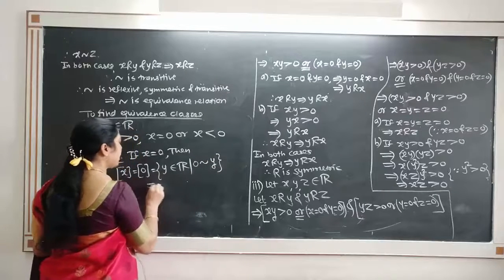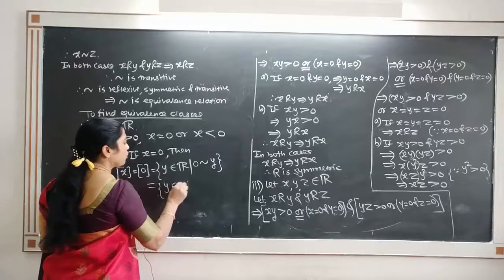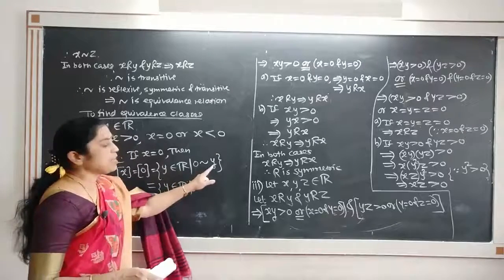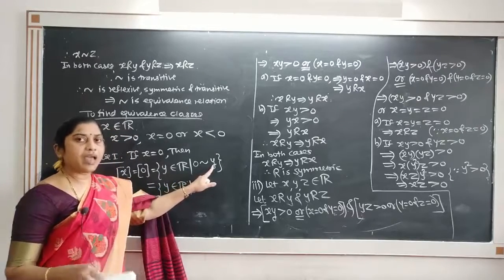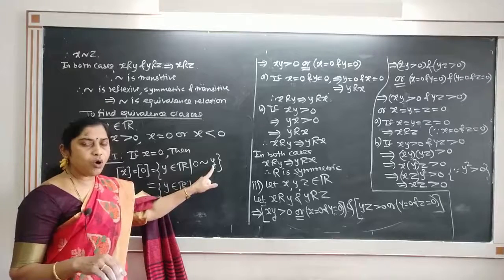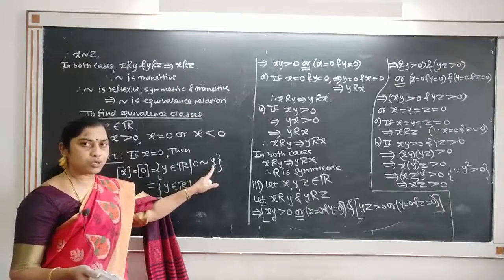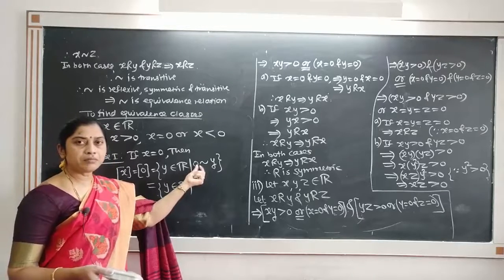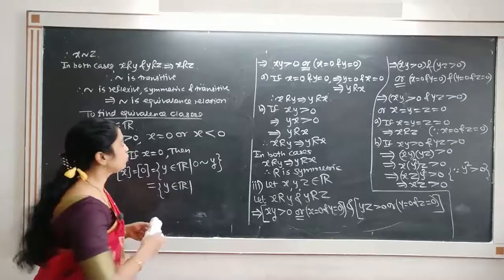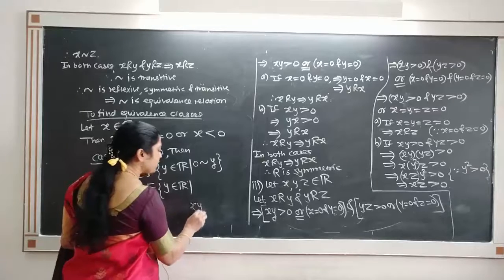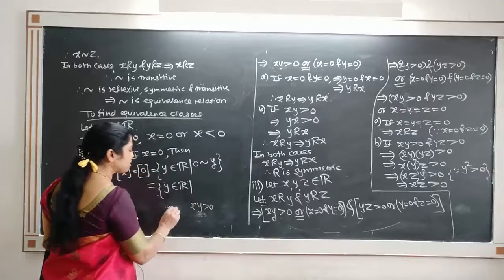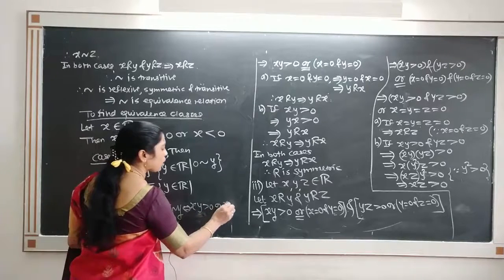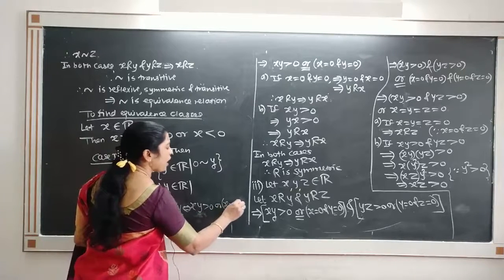When 0 is related with y, there are two conditions: either the product should be greater than 0 or both the numbers should be equal to 0. Now the product cannot be greater than 0 because one number is 0.